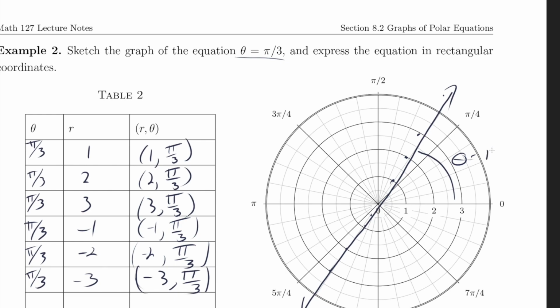Theta here is equal to pi over 3. Theta equal to pi, we just put this line. Theta equal to 3 pi over 4 would be this line. Theta equal to 7 pi over 4 would be the same one as before. And so it just creates lines.